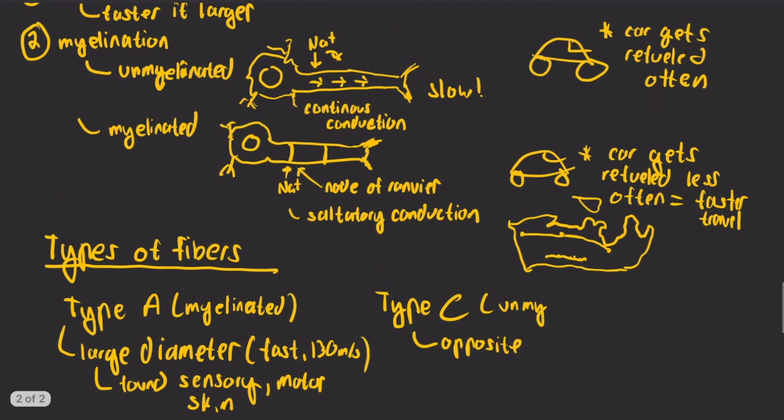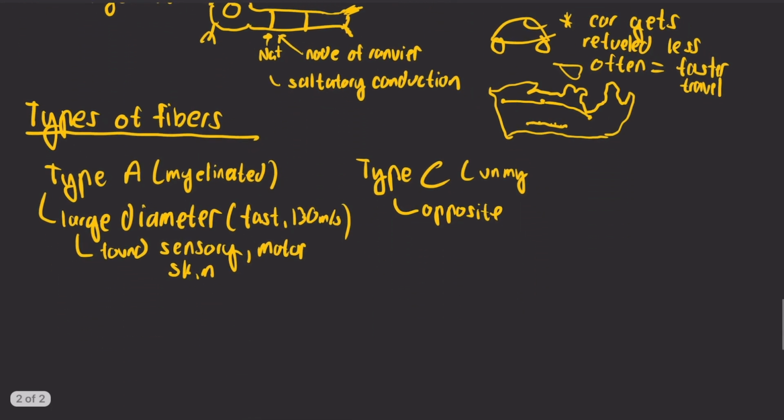We already mentioned how myelination works. I hope that would be a lot clearer to understand. So yeah, it is the opposite of type A. Type C has smaller diameter. It is unmyelinated. The propagation is slower. You're going to have propagation of around 0.5 meters per second rather than 130 meters per second.